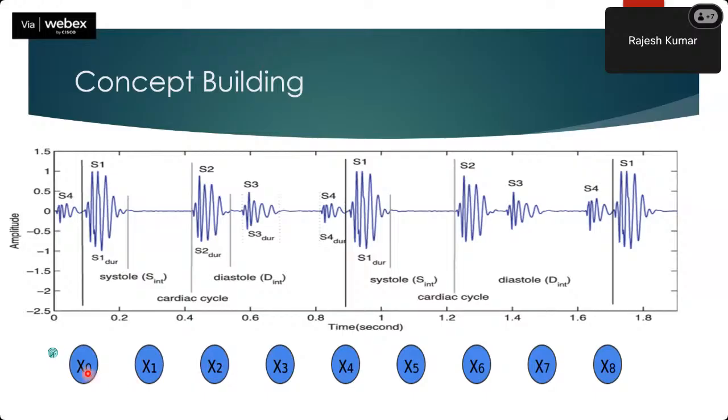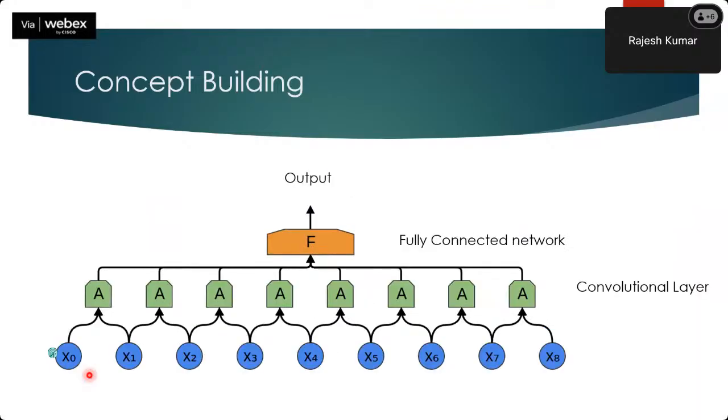I can't say that about x0 and x7, because x7 is very far away. But x0 is the start point, then x1 is the next point, so there is a relation between them, and you can connect x0 and x1. So we apply an operator over it and combine x0 and x1, and then x1 and x2, and likewise.